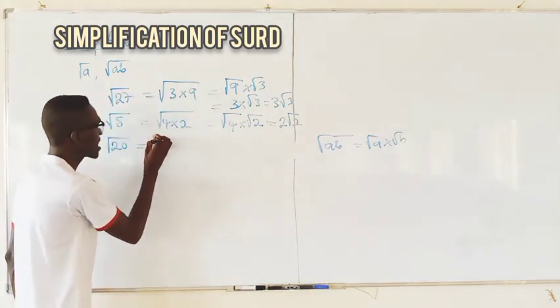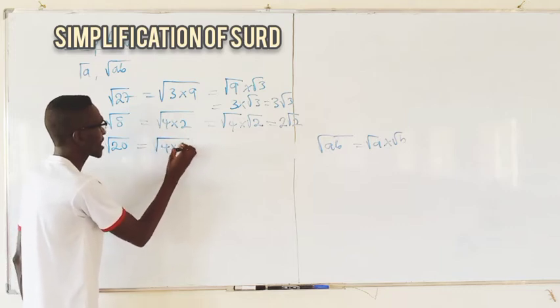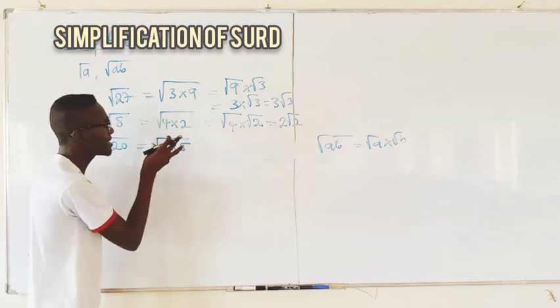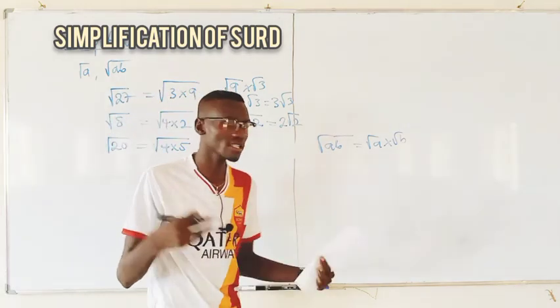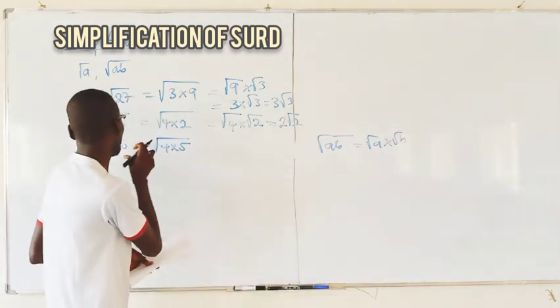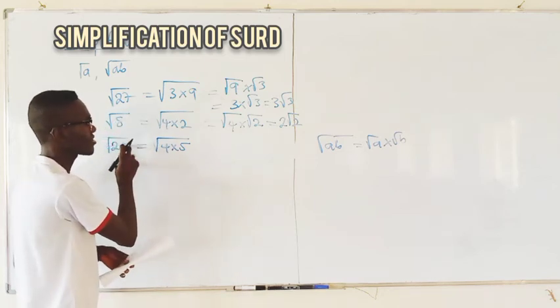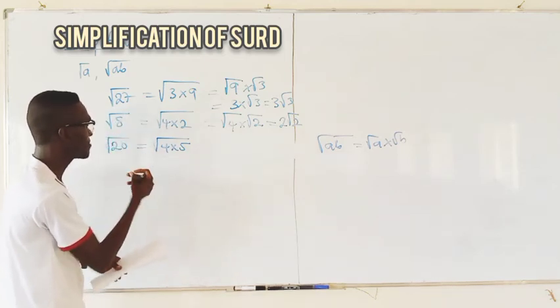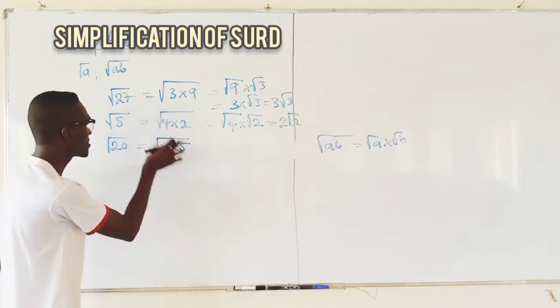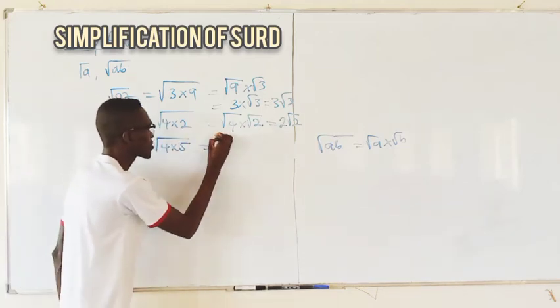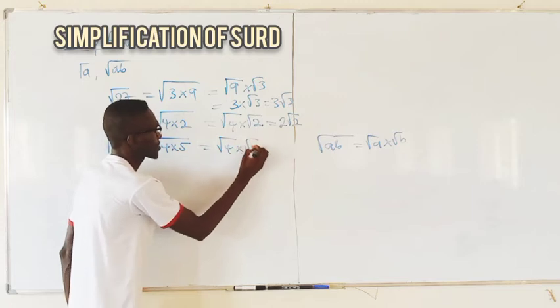As for me, I'll be using 4 times 5. In this topic, this sort, you need to be sensitive, you need to be thinking so broad because there are so many challenging numbers such that you can't just get it without thinking so deep. So square root of 20 is the same thing as square root of 4 times 5 because this still yields 20, which is equal to square root of 4 times square root of 5.